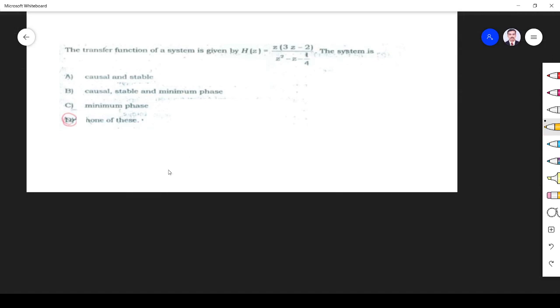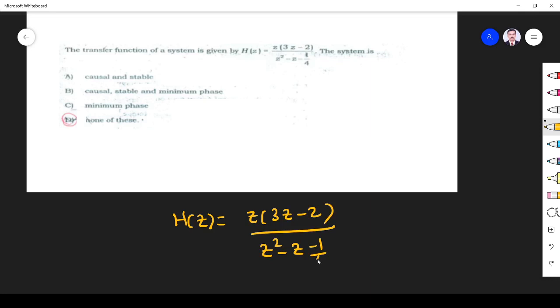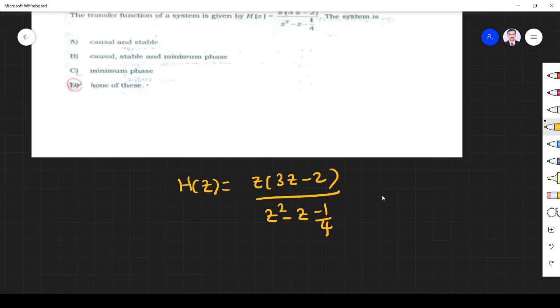So this is a very good question. Let us see that. Right. So they gave H of z, z into (3z minus 2) divided by (z squared minus z minus 1 by 4). We have to check whether this is causal, stable or minimum phase.